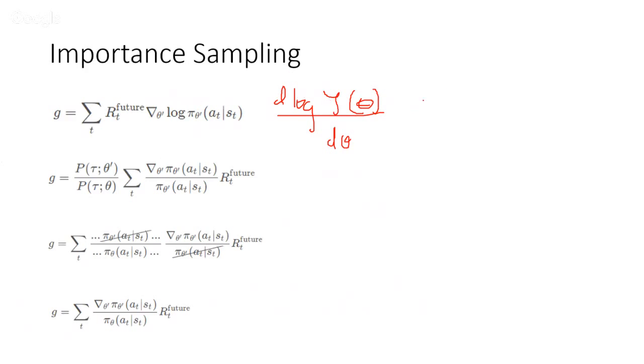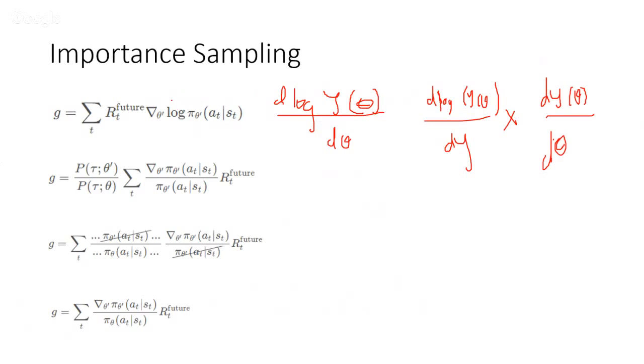So d of the log of y of theta by dy, times the derivative of y of theta with respect to theta. Sorry about that, I hope it's a bit clear.